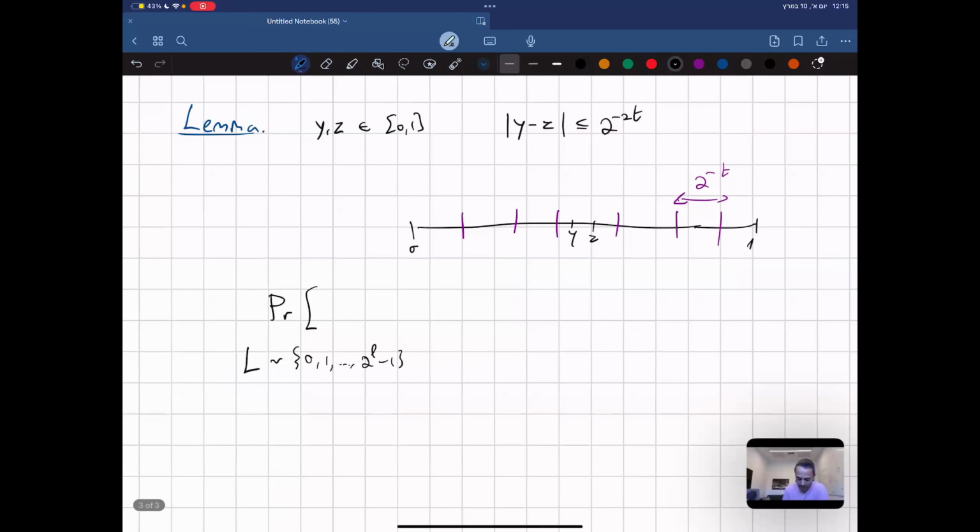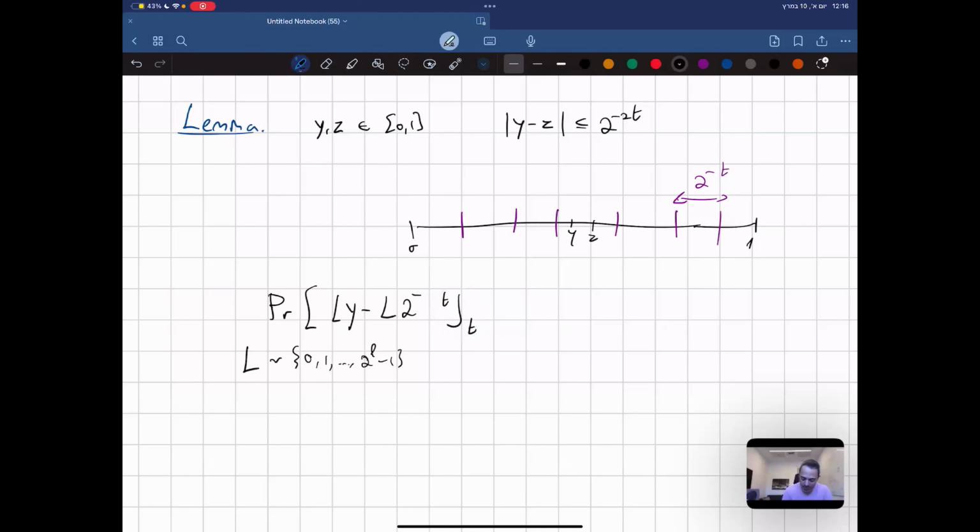So if you look at these two expressions, you look at y, and then you subtract from y L times 2 to the minus 2t, right? So that means I'm moving y in this granularity, and then I'm going to truncate it to t bits. So it's, of course, minus 2t.